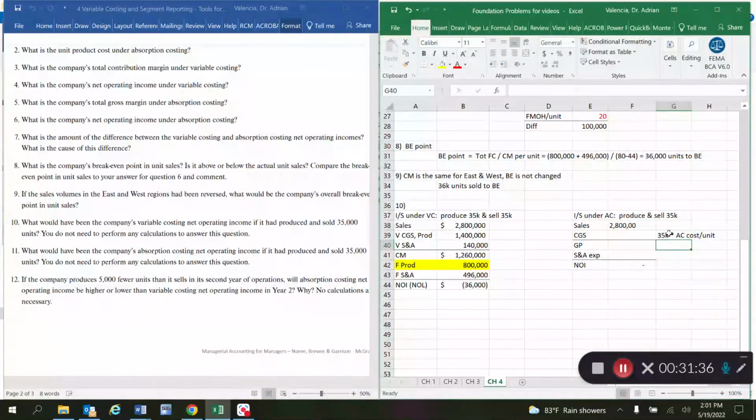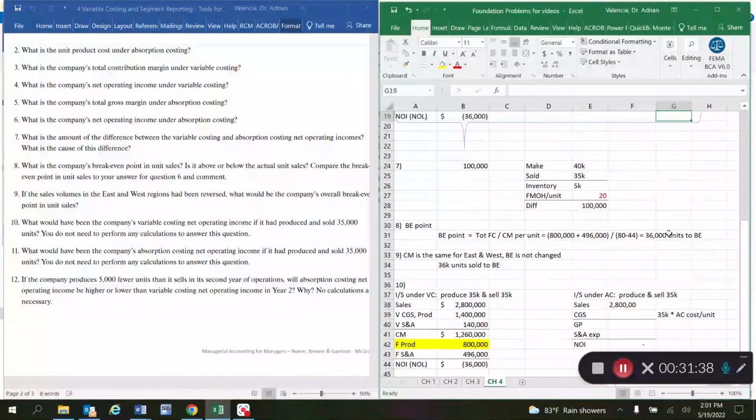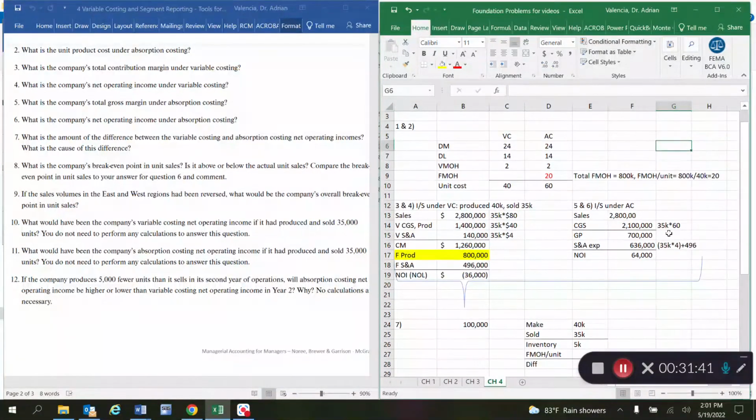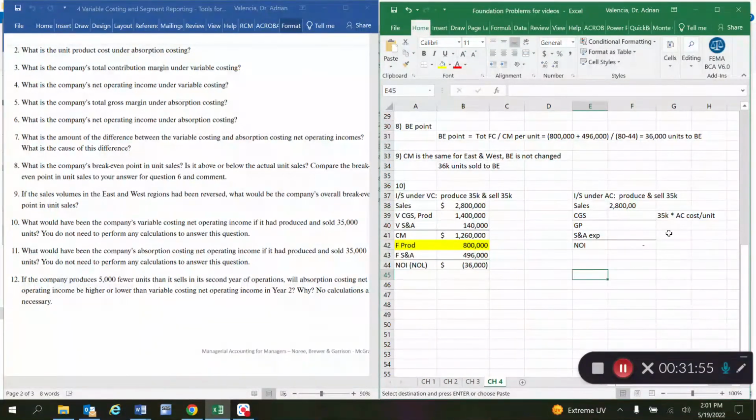But here's where things change. When we first came up with this cost structure here of $60, this was based on the idea that we manufactured 40,000, but now we're changing the whole scenario. So let me take this down over there so that you can see what I mean by that. So now our fixed manufacturing overhead cost per unit is not $20, okay?